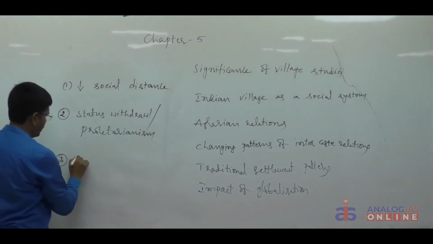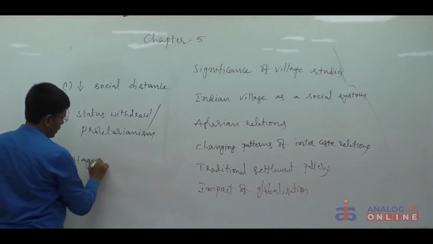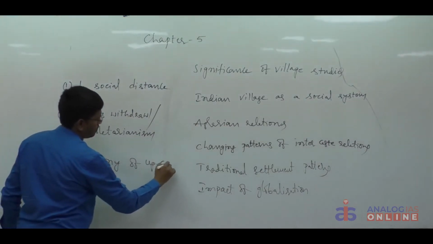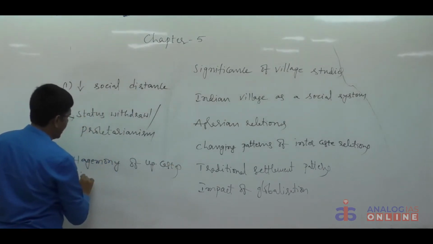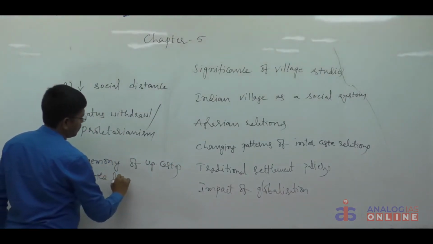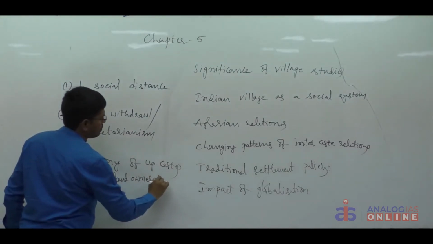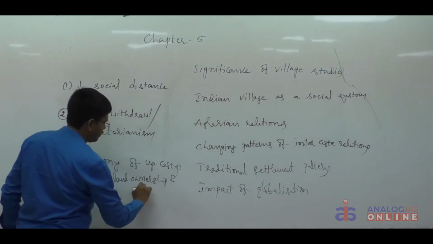Third one is hegemony of the upper caste in the land ownership and education.